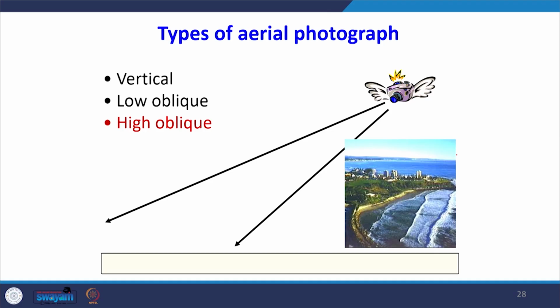So here you can see the horizon, the skyline, as well as some high-rise buildings and the land part. As far as information is concerned, you can get a large amount of information, but basically this cannot be used for topographical or thematic mapping purposes.